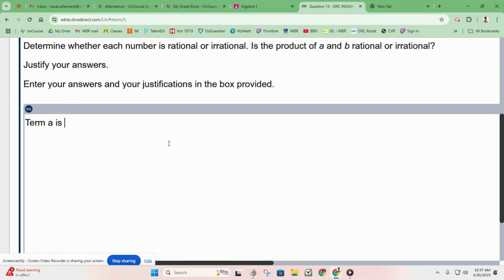Right, okay. So rational numbers are numbers that can be written as a fraction, which includes terminating and repeating decimals. Irrational is not repeating a pattern, goes on forever. Typically, an irrational number, when you're seeing it on the paper, is going to look like it has the pi symbol or a square root that's not a perfect square. So term A is a repeating decimal, so it is rational.